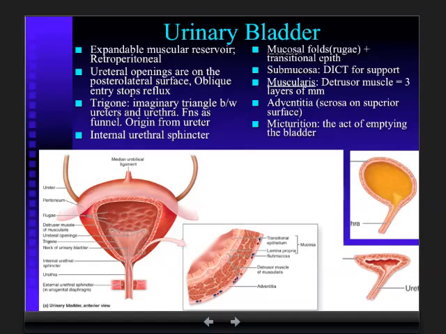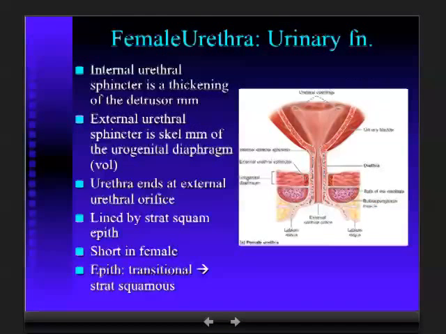That's also parasympathetic. So parasympathetic is causing contraction of the detrusor, but it's causing relaxation of the internal urethral sphincter. Again, that's an involuntary smooth muscle sphincter. As you know, you also have an external urethral sphincter, and we'll get to that one in just a second.